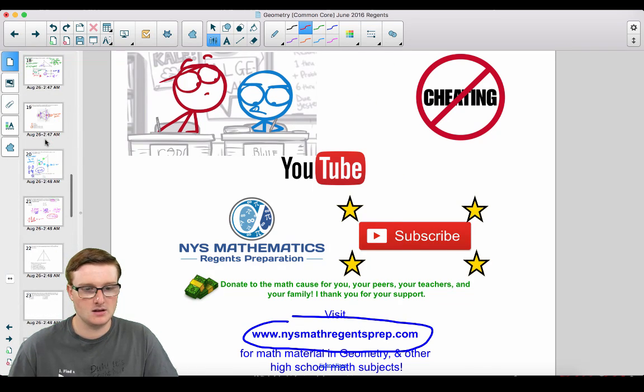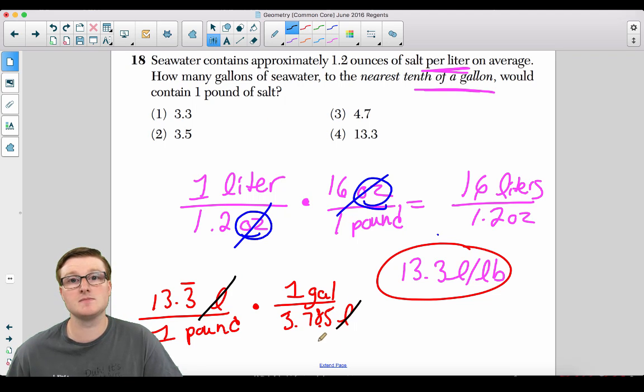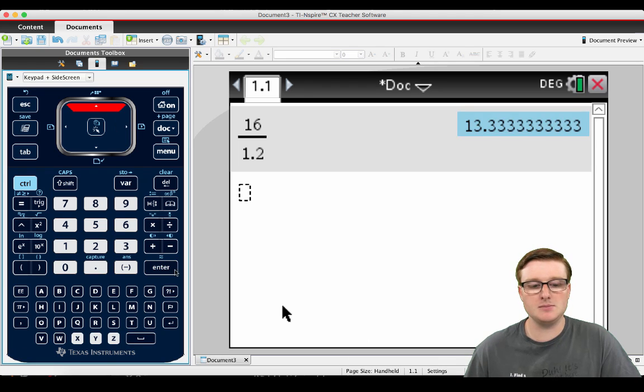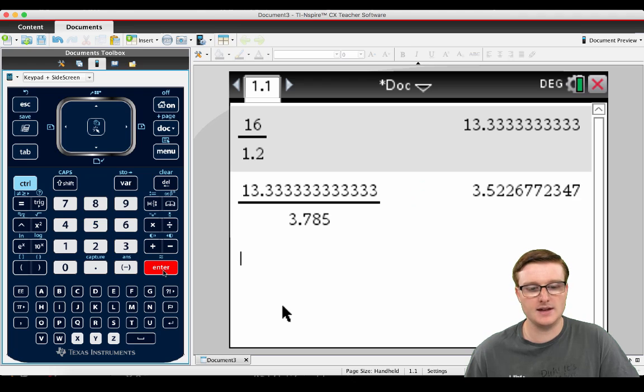Well, we can multiply this by 1 gallon divided by 3.785 liters. Again, this will cancel out the liters. Now you just multiply across. 13.3 repeating times 1 is 13.3 repeating divided by 3.785, which is approximately equal to, let's type that into our calculator, 13.33 divided by 3.785, and that will give you 3.5 gallons.